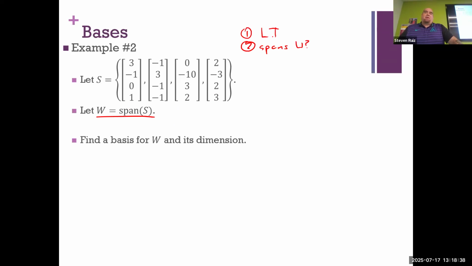And is it linearly independent? You basically get this one for free. I don't know what the span is right now, but it spans something. But what we don't know is whether we have linear independence. So how do we find that out?